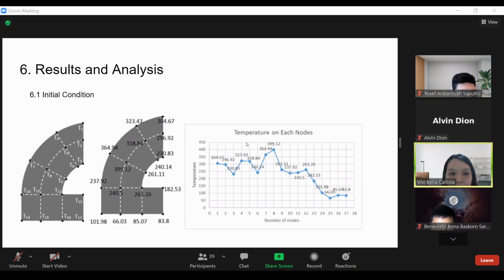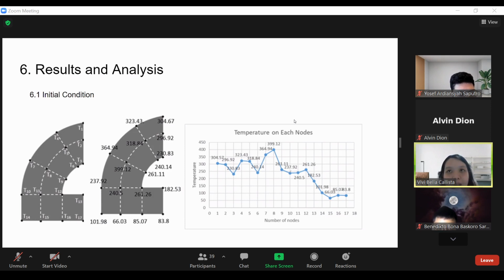The temperature on node 3 is lower than on node 2, and node 2 is also lower than node 1. This phenomenon also happens on nodes 4, 5, and 6. So the outer diameter has higher temperature and the inner one has lower temperature.